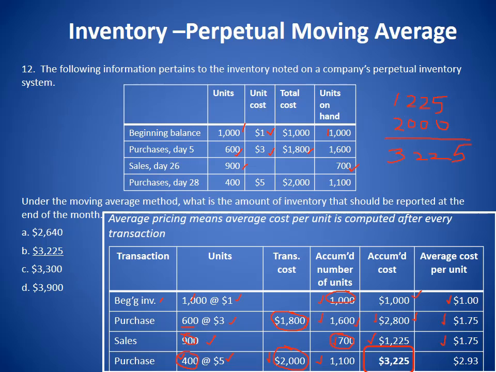And you can also see we have an average cost when we divide our 3,225 by the 1,100 units. Our average cost is $2.93, but that's irrelevant because we're being asked what is the value of the inventory at the end of the month, and that shows here as $3,225.